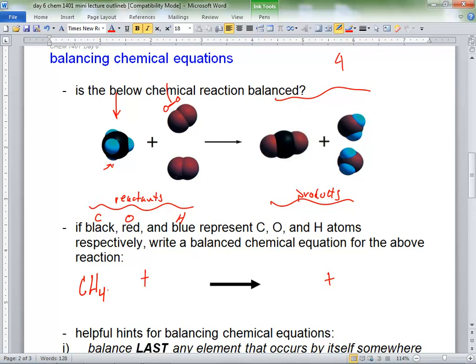How about the next part? Gilbert, what would you write to describe the other reactants? O4. That's one way. It works, but it doesn't model what's actually there. See, he's got 4 oxygens. It works. I hear 2 O2 because there's really O2s and there's 2 of them.